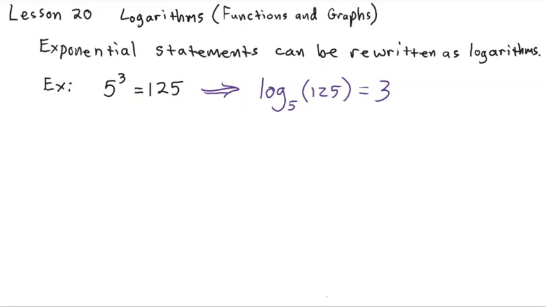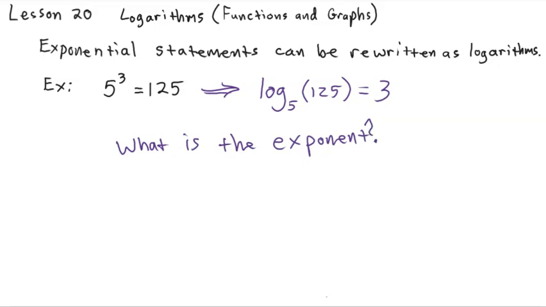But in a logarithm, the other side of the equal sign is the exponent. And so what we're typically saying in a logarithm is: what is the exponent? That's what a logarithm is asking. When we're trying to find out what the exponent is, we want to use logarithms.